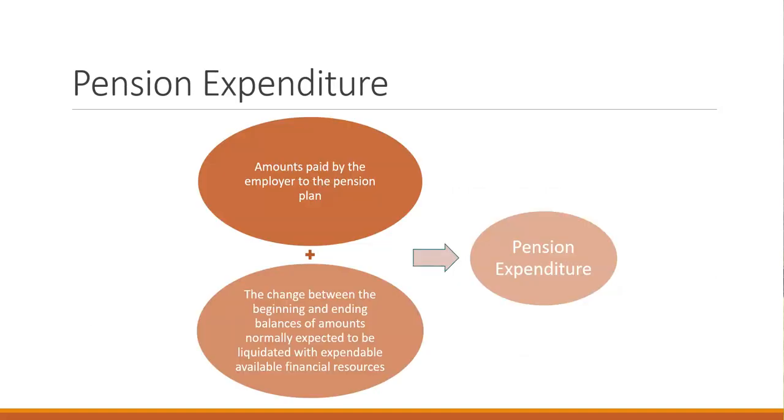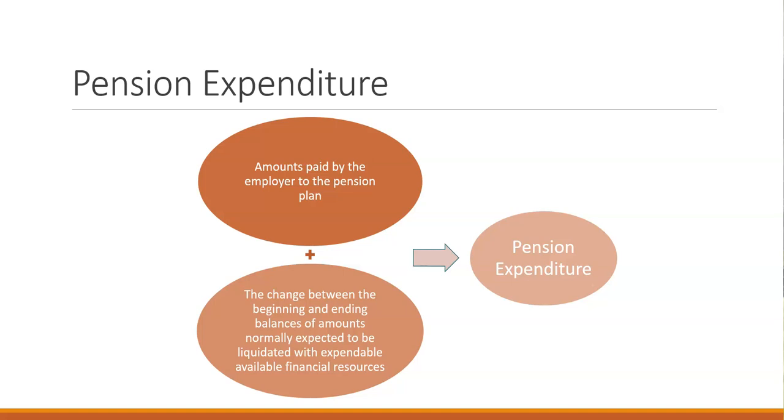We've talked about some pension expenditures, and really this is the amounts paid to the pension plan by the employer, and the amount that's expected to be paid out in the next year.